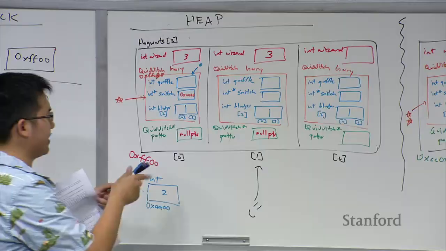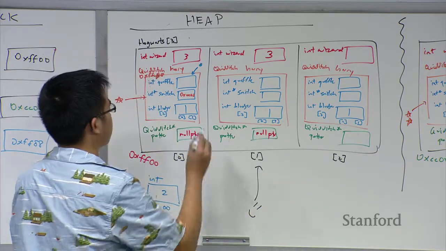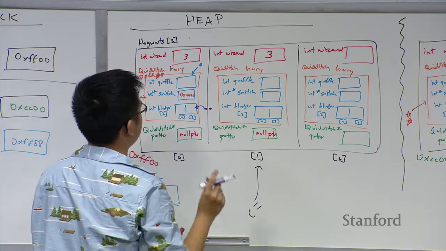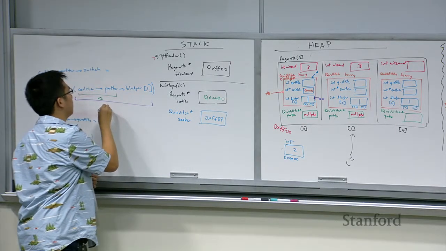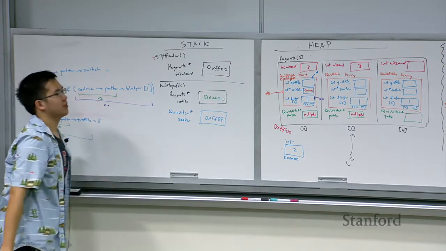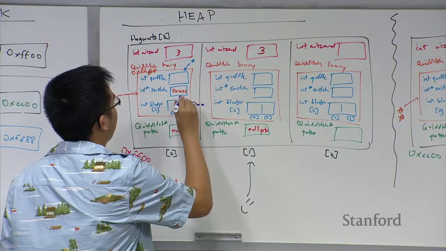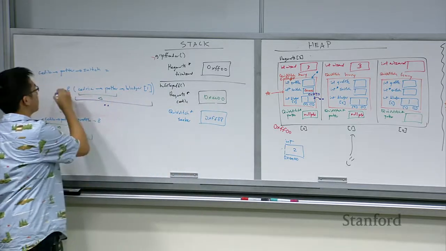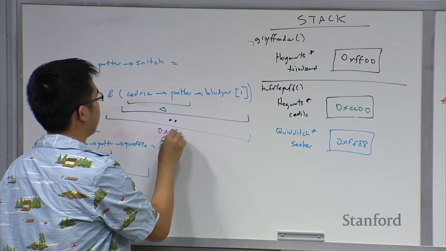Let's use purple. Okay, let's use double circle. So this whole thing is referring to double circle, and then we're saying we want the address of double circle. We don't have an address for that yet, so let's just give it 0xFF99. Okay, so this whole thing is equal to 0xFF99.